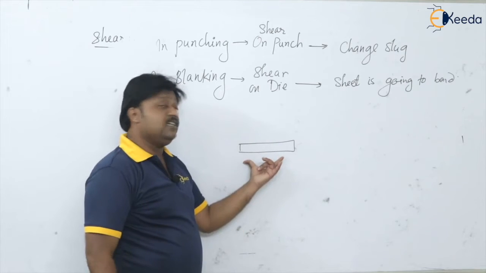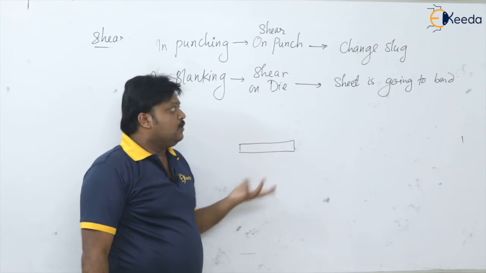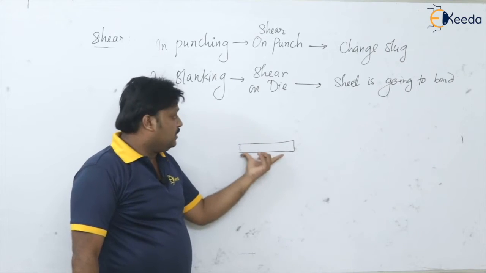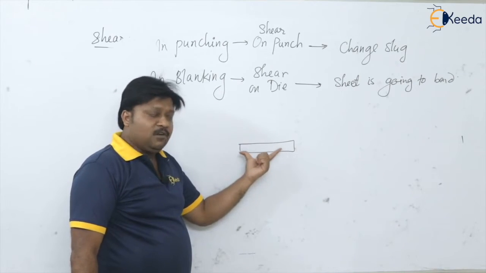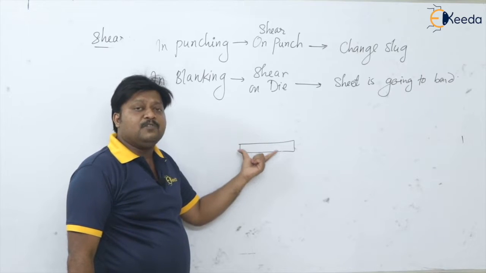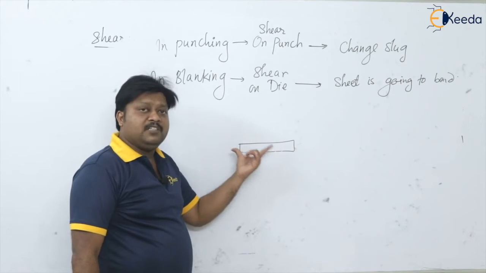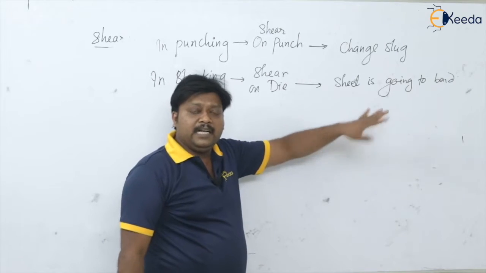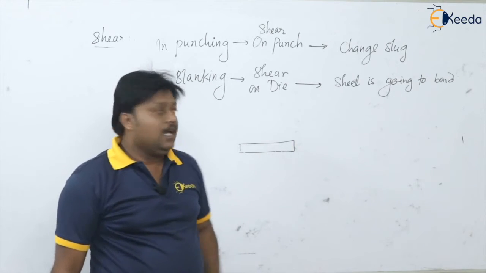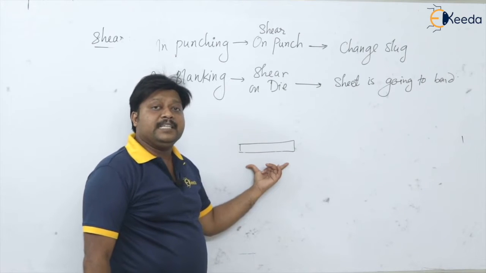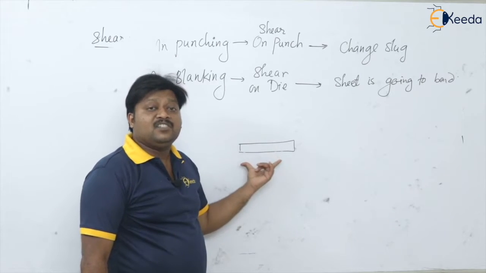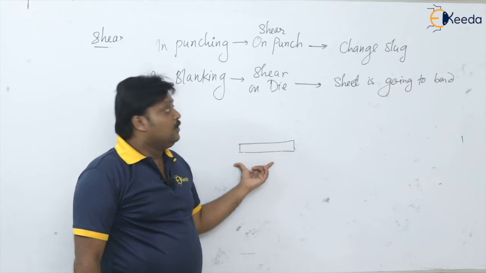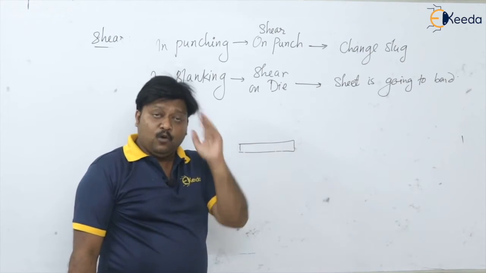It is okay, the slug is coming from the die. In blanking operation, my entire focus is to have the disc or blank in the correct size without any distortion, without any bending. So it is immaterial for me what is happening with the sheet. I am interested only in getting the okay slug, okay disc, okay blank from the die. I hope it is clear.